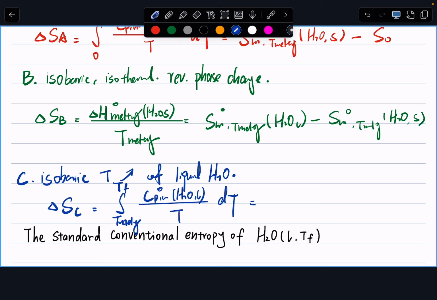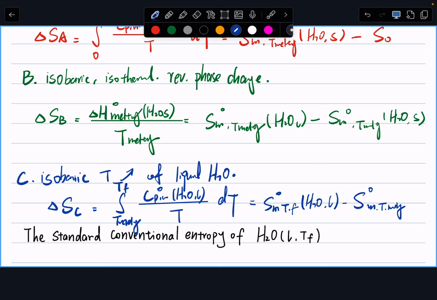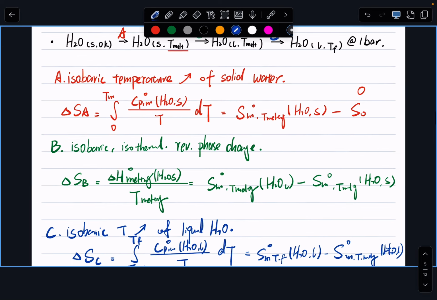And also product minus reactant: the standard molar entropy of your final H2O liquid at temperature final minus S naught m at T melting of H2O liquid.